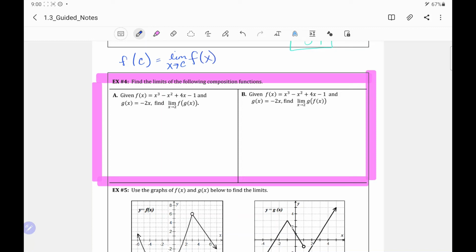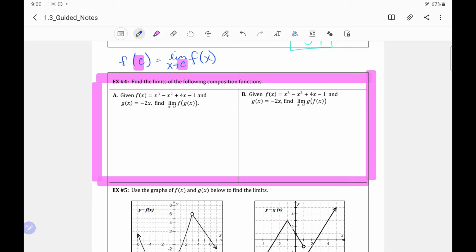What do I mean by this? We can plug in the value for c. Notice right here, this is my c and this is my c. We can plug in the value for c into the function, and whatever value we get, we know that it's actually the limit. So we're just going to use that information to solve this problem.